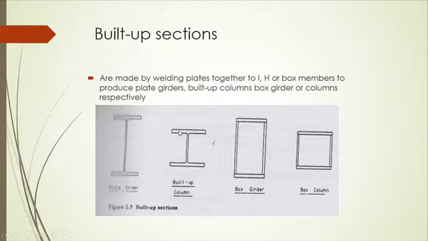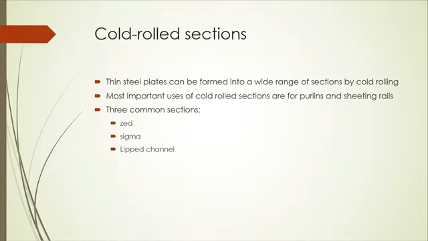You combine the three plates here to produce a build-up column, or four plates here to produce a box girder. So basically, that's a build-up section. You are not hot rolling it. You don't hot roll it into a section, but rather you weld it into a required section.